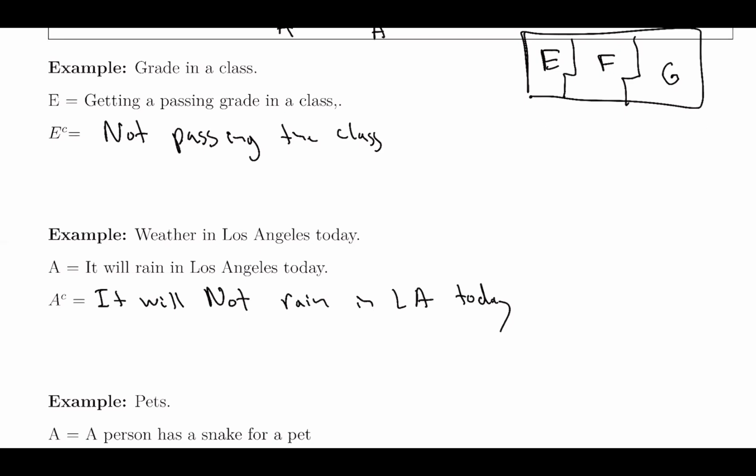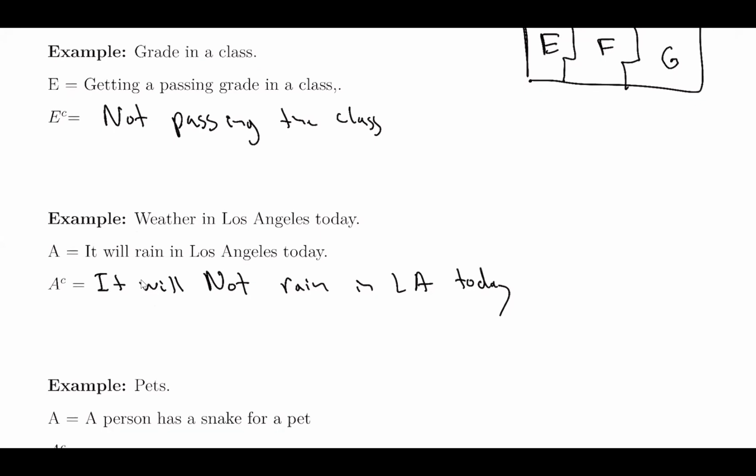It's essentially the opposite, because that's what the not is doing. So if I tell you passing grade, you're going to tell me not a passing grade. If I tell you it's raining in Los Angeles, you're going to tell me it's not raining in Los Angeles. So pretty much it's the complement.